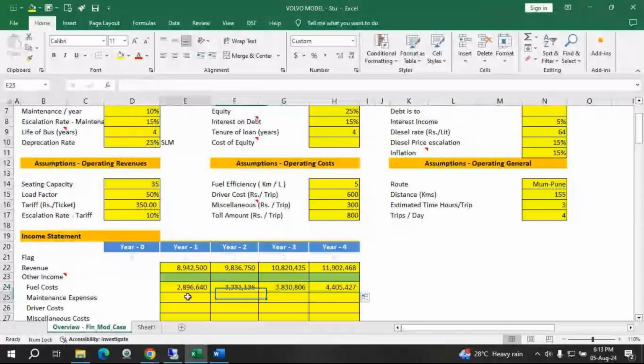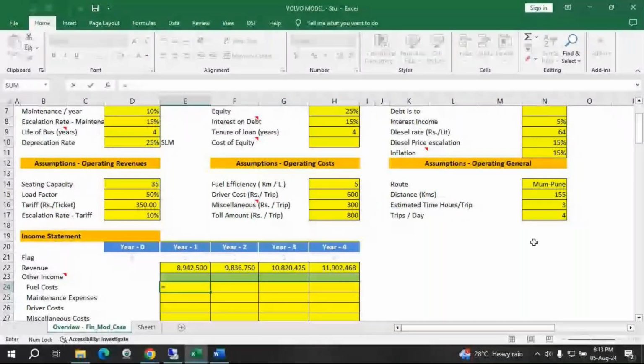Next, maintenance. Yes, ma'am, can you repeat the fuel cost? Fuel cost: how much distance are we covering? 155 kilometers, isn't it? Fuel efficiency is 5 kilometers per liter, so I'm going to take that value in the brackets, 155 divided by 5, into the 4 trips we are going to take.